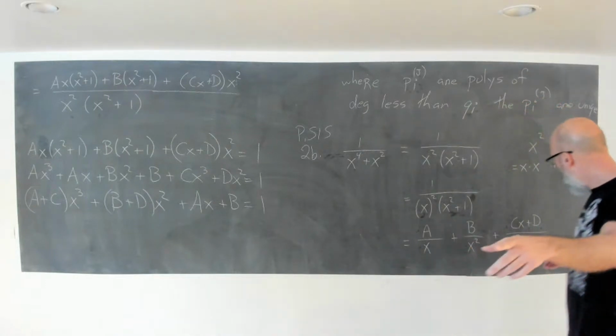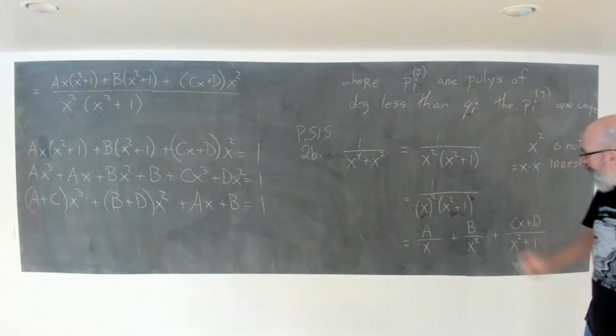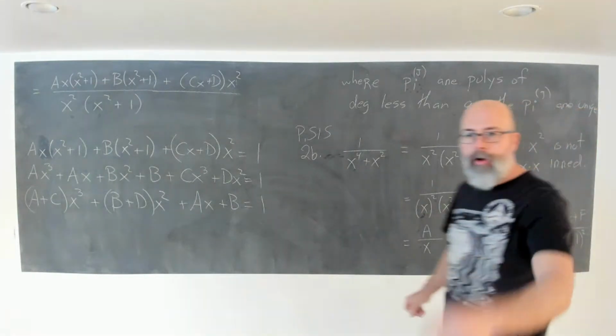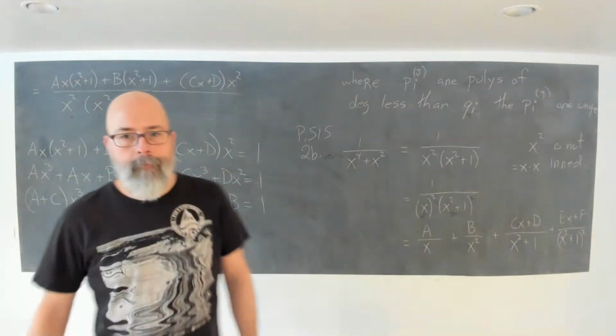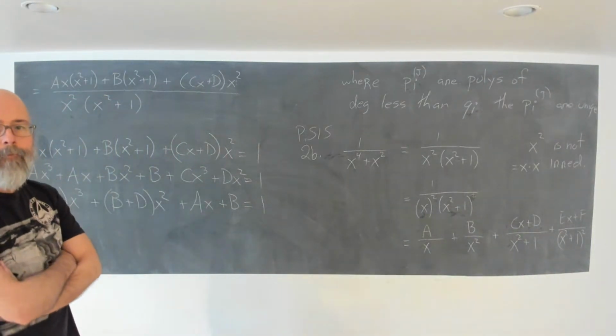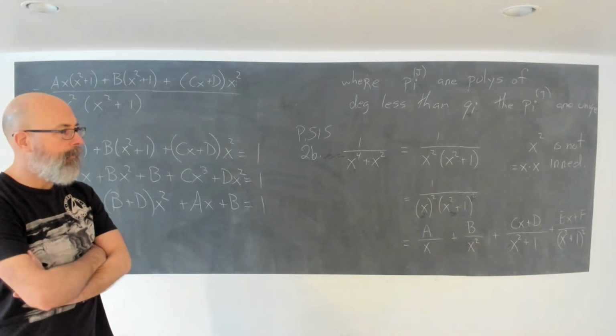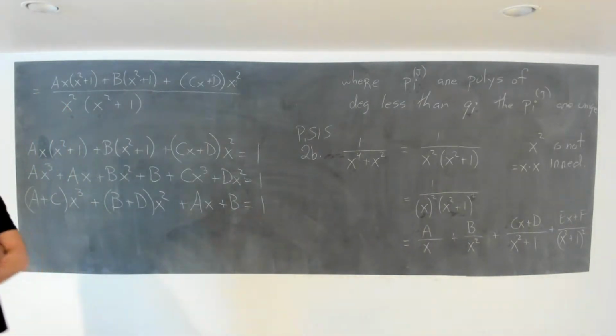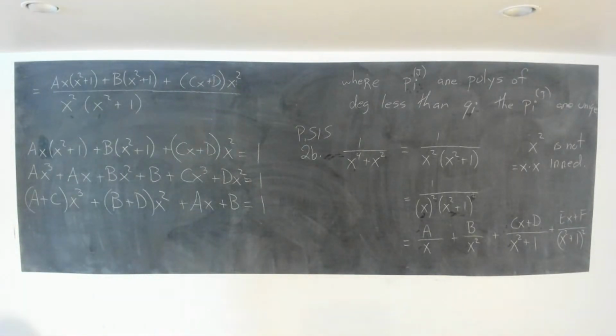If this had been squared, we would have had ex plus f over x squared plus 1 all squared. You were missing the square there in the denominator. All right.